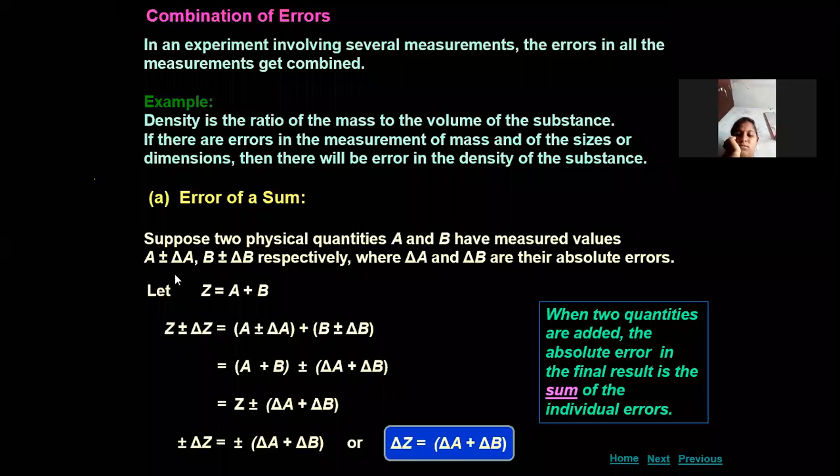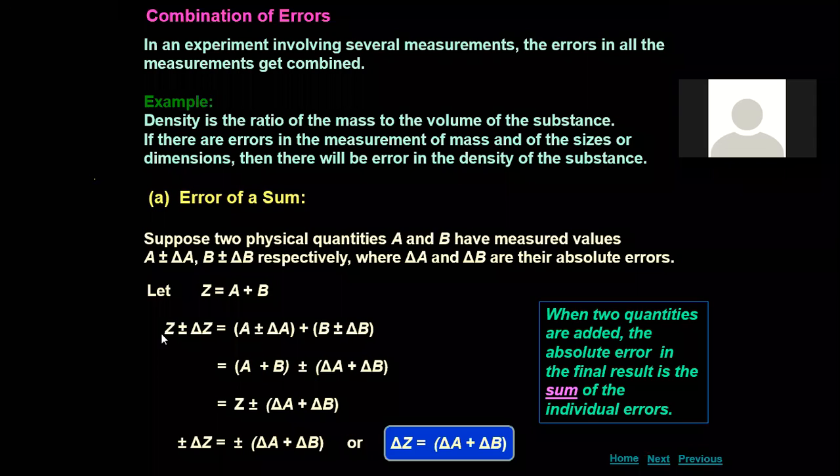So A plus or minus delta A is its measured value, and B plus or minus delta B is its measured value. Including error, we are taking them now. Generally, the combination is A plus B. If we don't have error, Z is equal to A plus B. But as we have errors, error should also be considered when we are measuring.